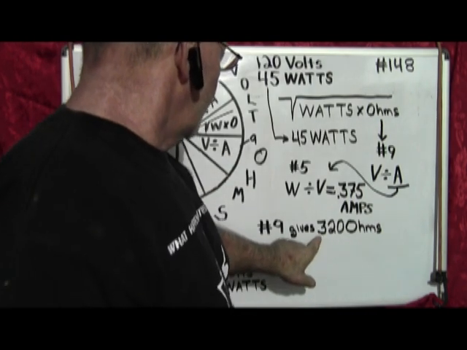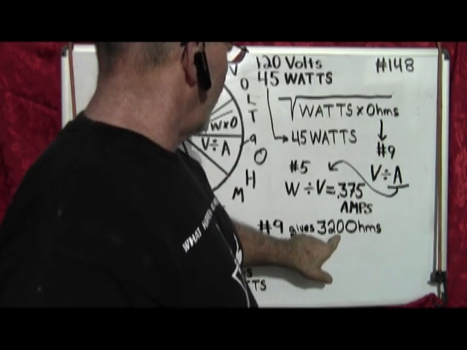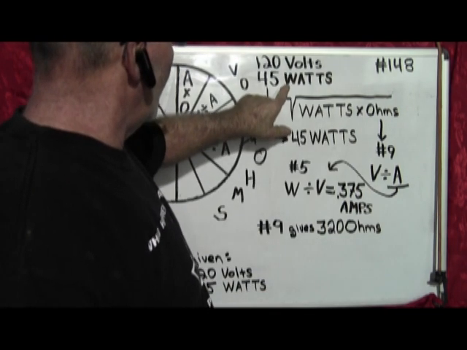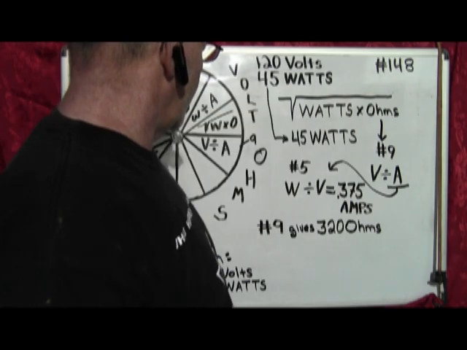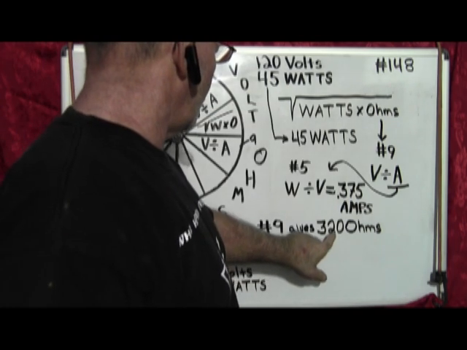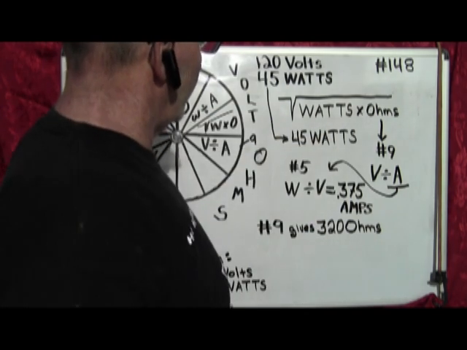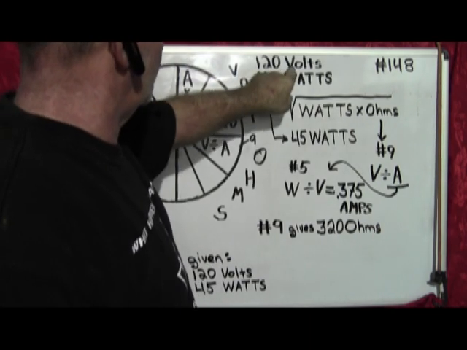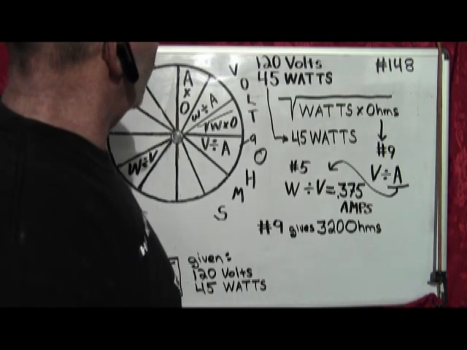Our ohms came out to 320. Now, what you have to do is multiply 45 times 320 and get the square root of that. And that should give us the voltage. That should come up with 120 volts.